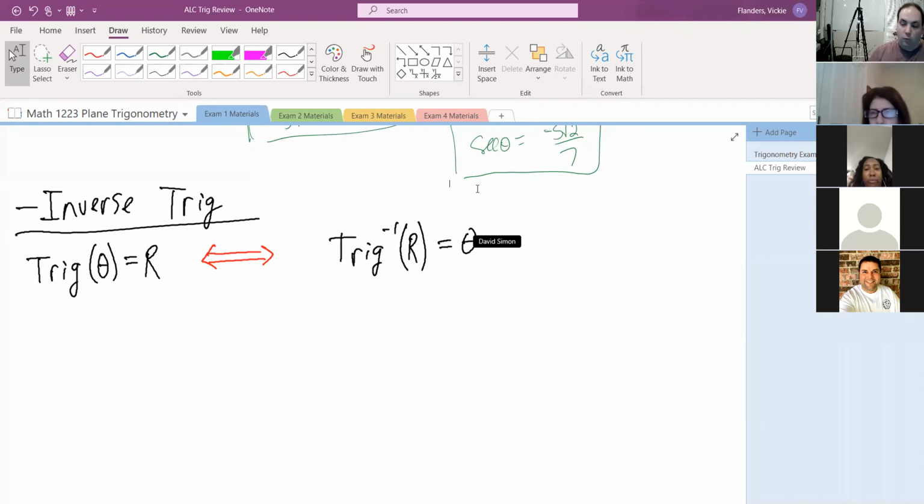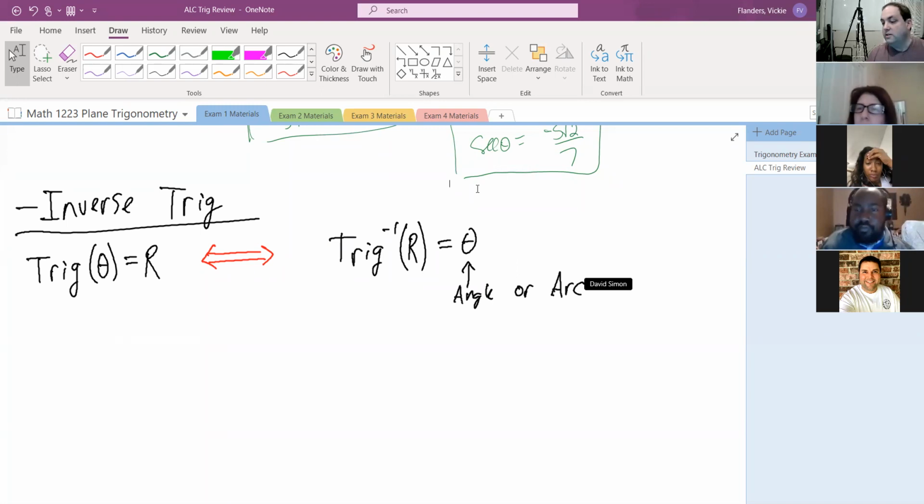Eventually later on, these become just values. Another way of interpreting this is that instead of an angle, you can also call these arcs, meaning a piece of a circle.